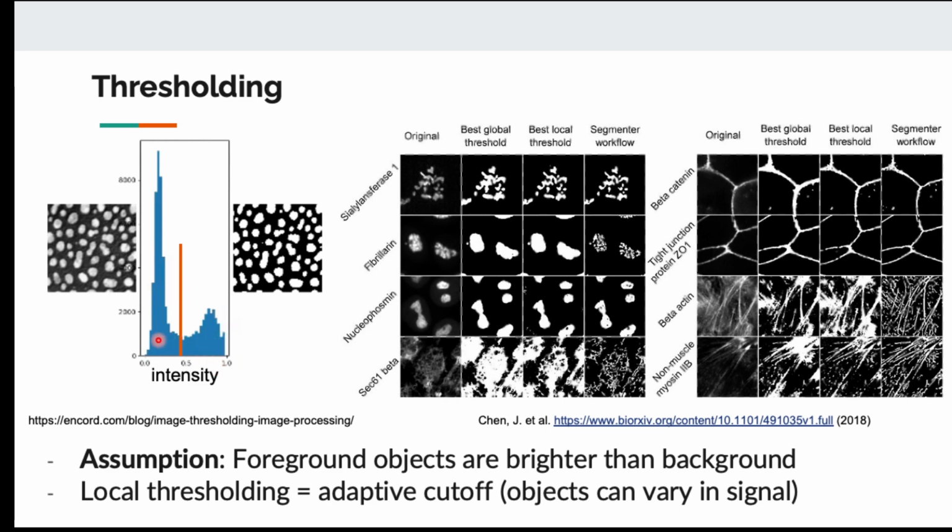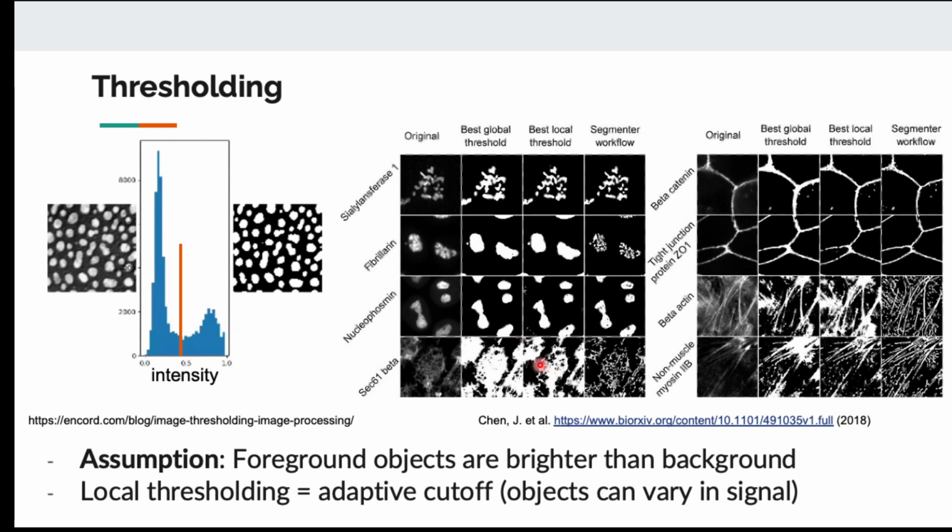But the other areas of the image will not look purple at all, so you should have many pixels with low intensity in terms of how purple it is. So we can use this assumption to say that the region between the two peaks, one peak for the nucleus, one peak for the rest of the pixels, this cutoff in the middle is probably a good cutoff to identify our nucleus.